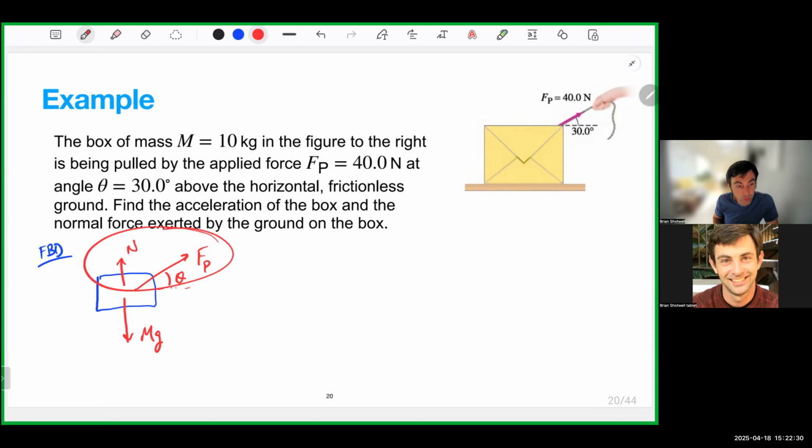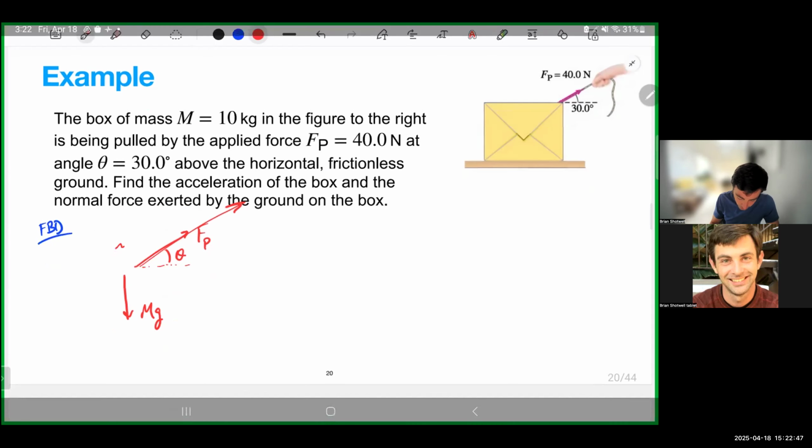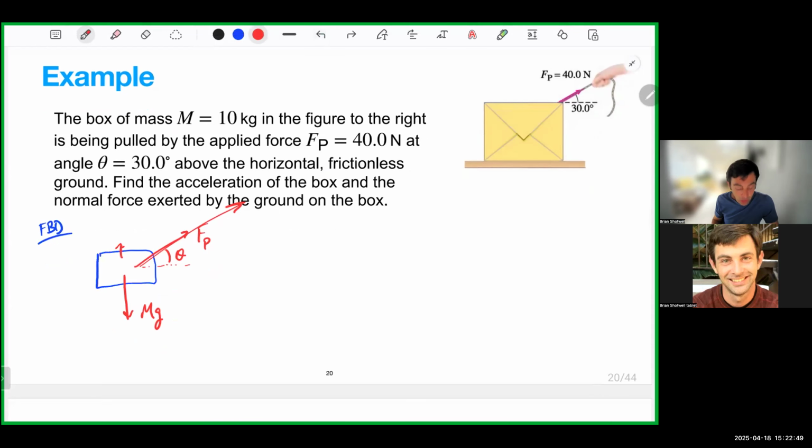These two forces need to have vertical components that will balance mg. So if Fp grows in size, then n is going to decrease in size, and at a certain point, n is going to decrease down to 0. So there's a maximum Fp before the box starts to lift off the ground. But we're going to assume that the box is not lifting off the ground and that there is still some normal force there.